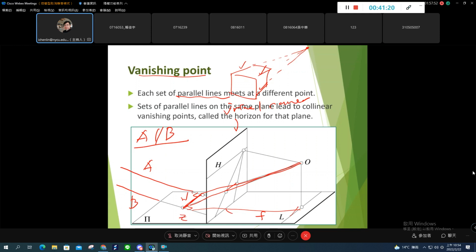So the distance between these two on the image could be a ratio between f and z. I did not draw it carefully, but the ratio is supposed to be f multiplied by w divided by z.